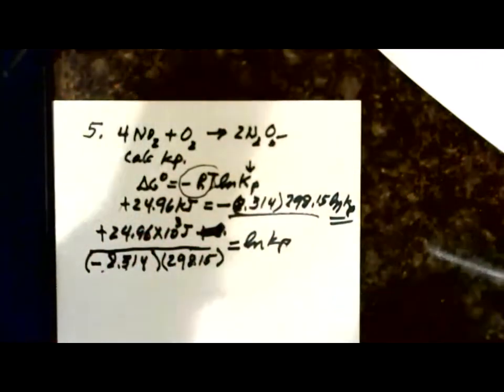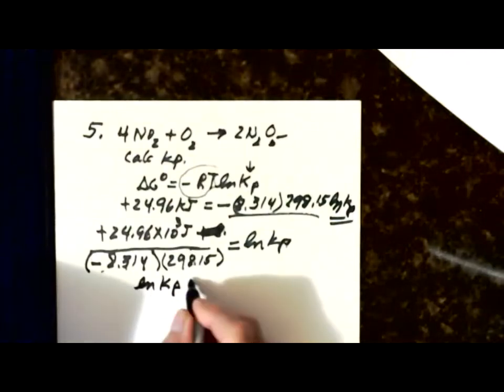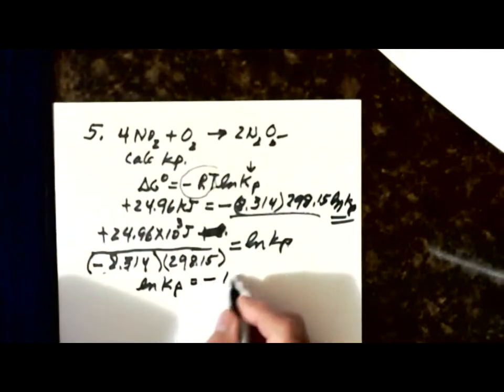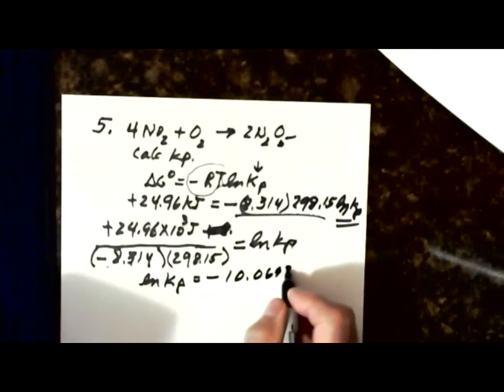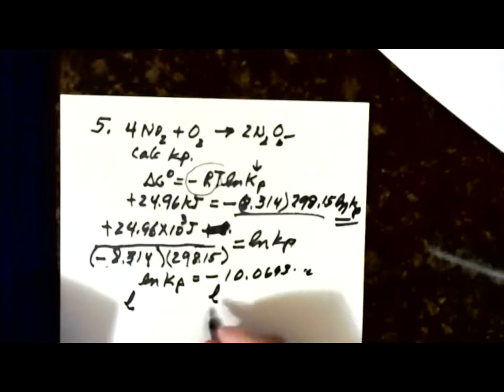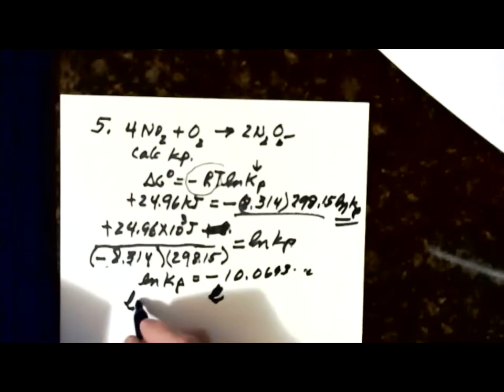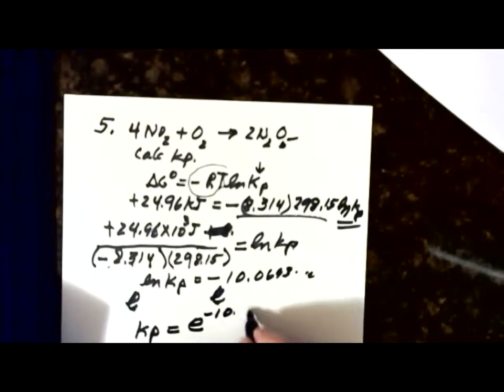So I'm coming out with the ln of Kp to be minus 10.0693, a whole bunch of digits, raise e to that power, and I get Kp is equal to e to the minus 10.0 digits.